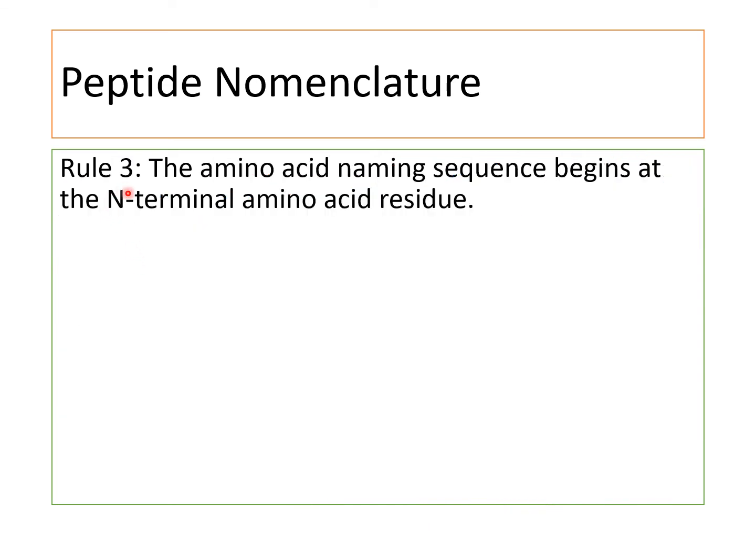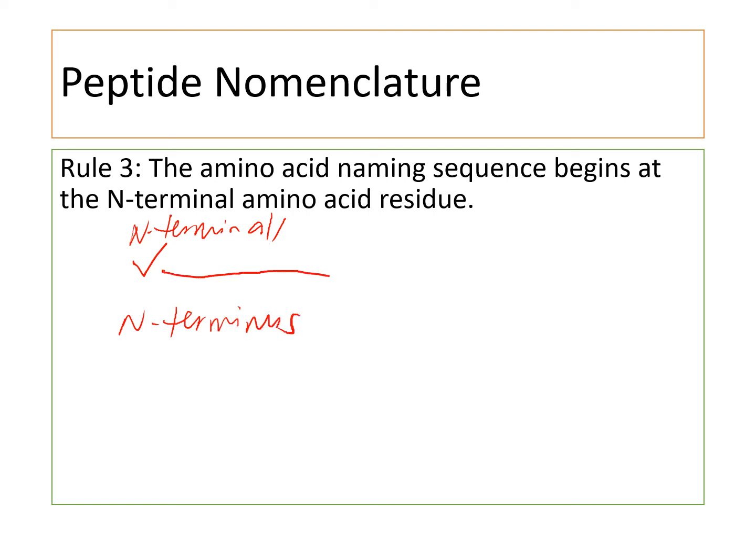And rule number 3, the amino acid naming sequence begins at the N-terminal amino acid residue. I've already taught you how to identify which amino acid is the C-terminal amino acid and which one is the N-terminal amino acid. Whichever amino acid is found on the far left of your amino acid chain is the N-terminal, or N-terminus.